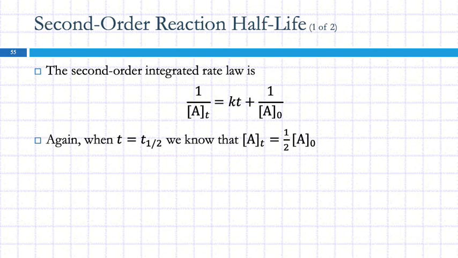Second order integrated rate law given here. Again, let's calculate an equation for T1/2. We know that at the half-life, the concentration is 1/2 of what it started with. So we've got 1/(1/2 A0) is equal to k T1/2 plus 1/A0.